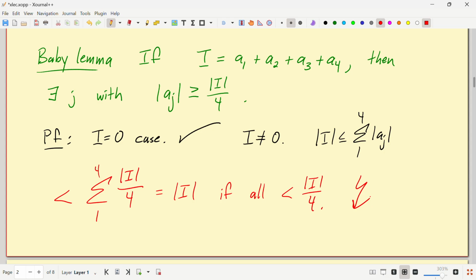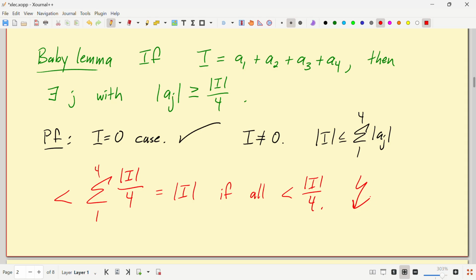Yeah, I always regret proving that because I make it sound confusing. The modulus of I is less than or equal to the sum of them. That's the triangle inequality there.